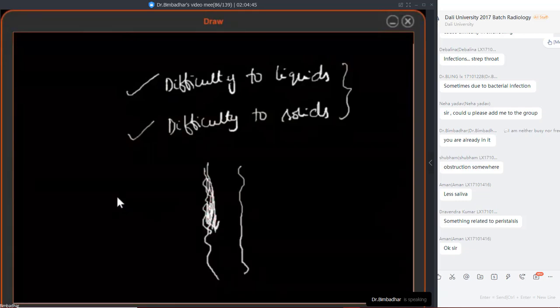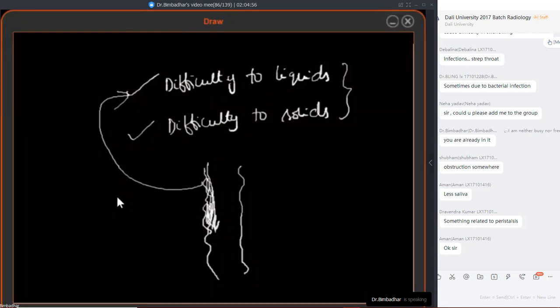So that can be happening because of the difficulty to liquids as well. Any kind of a problem inside the erosions of the mucosal folds will have difficulty to liquids, and anything related to the peristaltic movements will have difficulty of both liquids and solids.